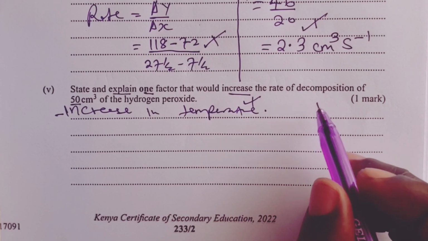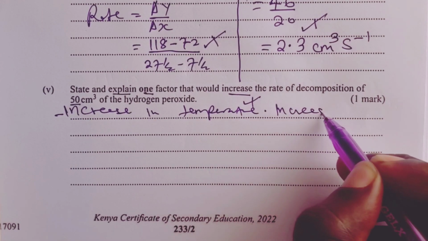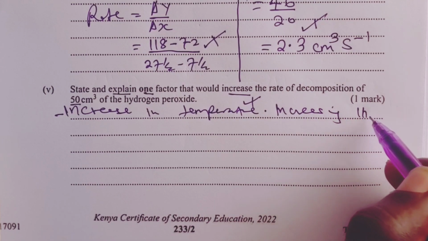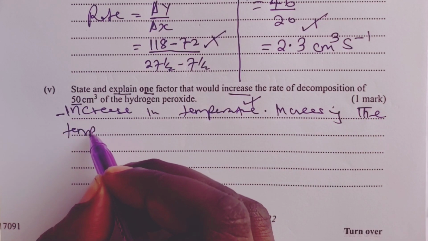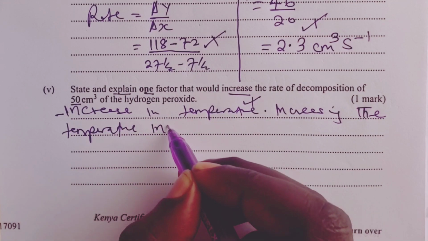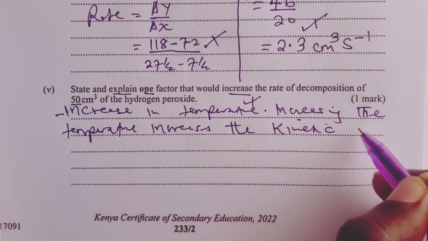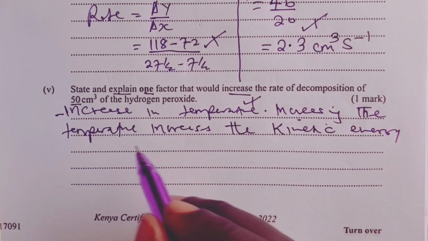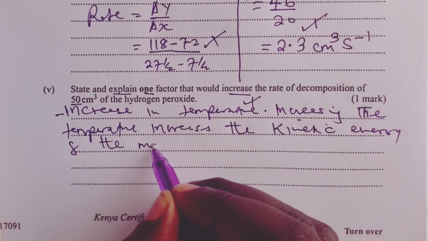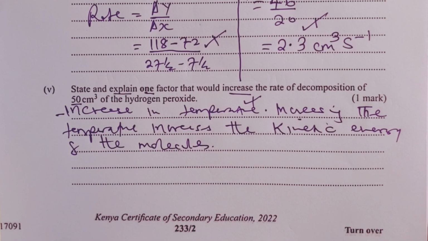Increasing the temperature increases the kinetic energy of the molecules. So they'll have higher kinetic energy, and this would lead to faster collisions, and therefore the rate of reaction would increase.